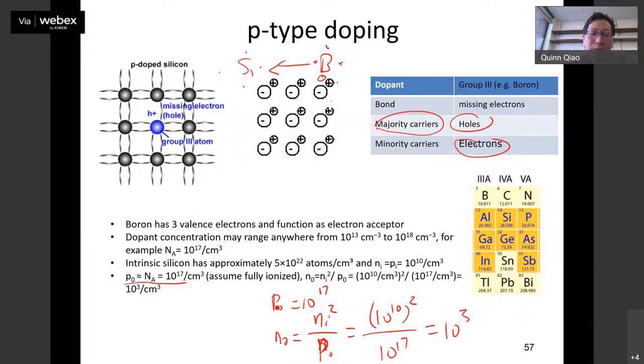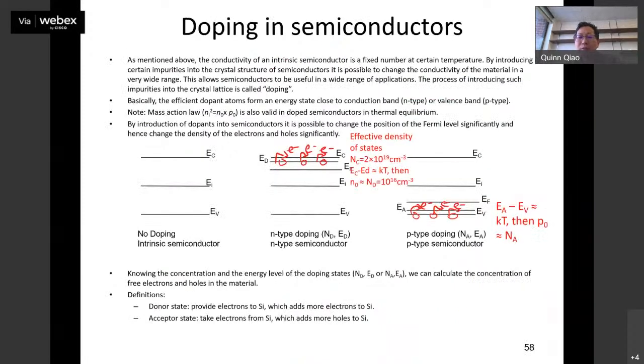Now the electron concentration is only 10 power 3, 1000. In contrast, the hole concentration is 10 power 17. This is just an example. That's why the electron is the minority carrier and the hole is the majority carrier. Okay, so that's it.